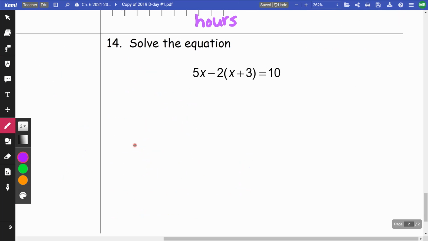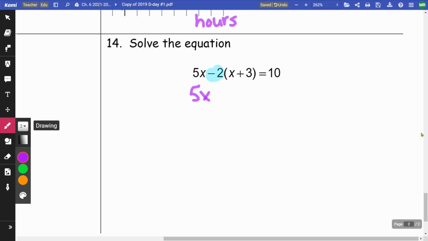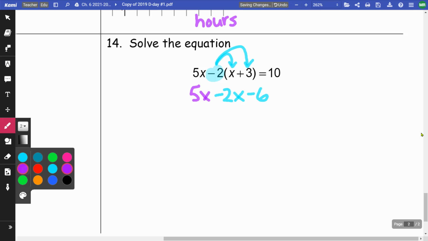On 14, we're going to solve this equation. We want to be careful. This 5x is not doing anything right now. What's going to happen is this negative 2 is going to distribute to the x and to the 3. So I'm going to get a negative 2x, and a negative 2 times a 3 is a negative 6. Now on this side, I can combine like terms.